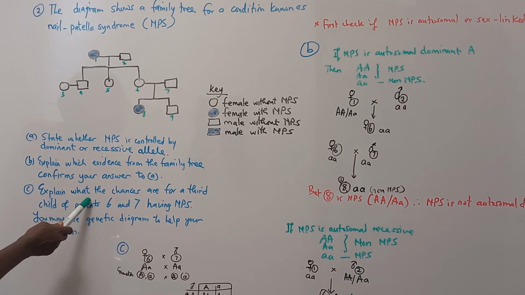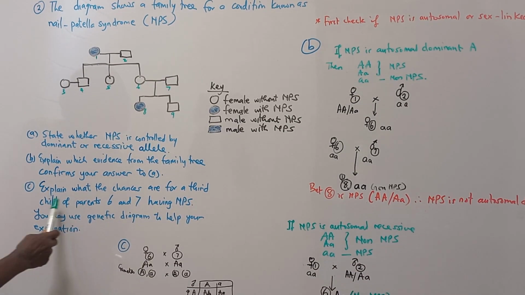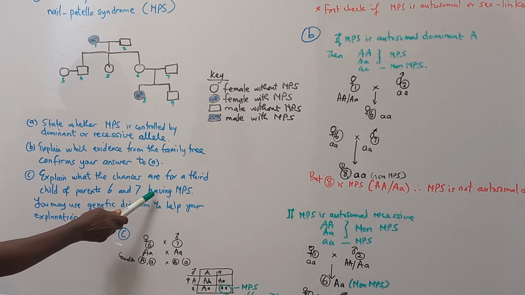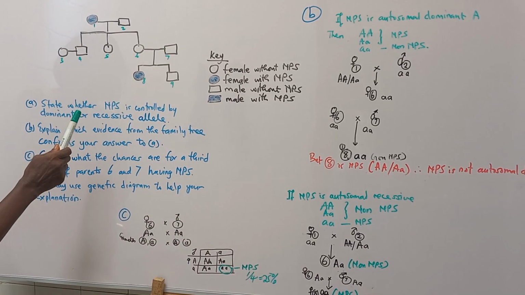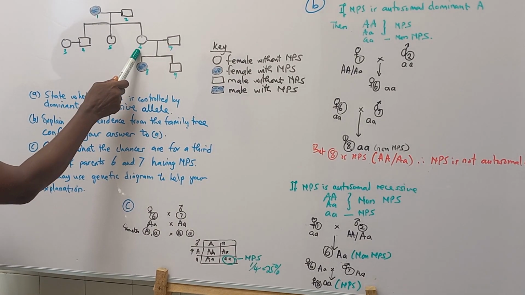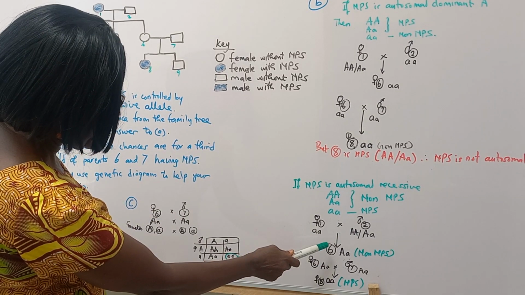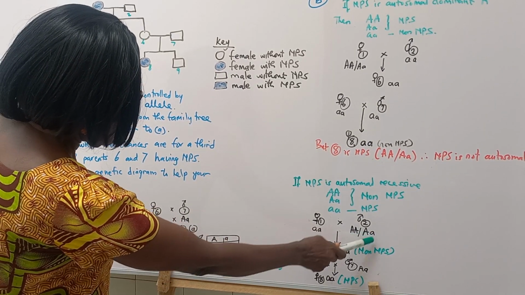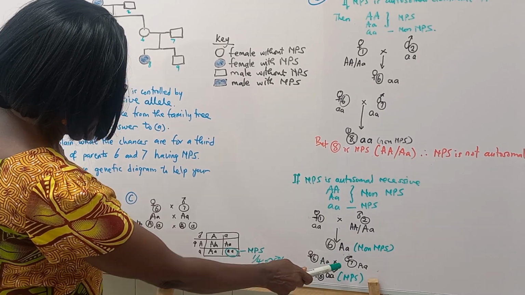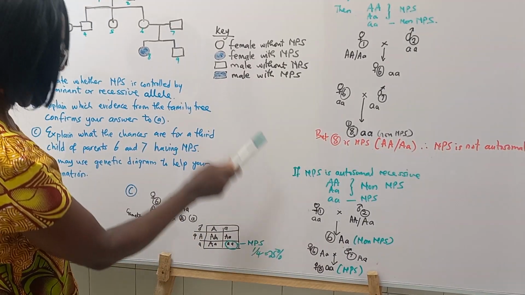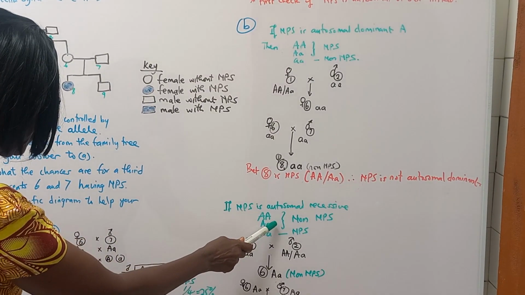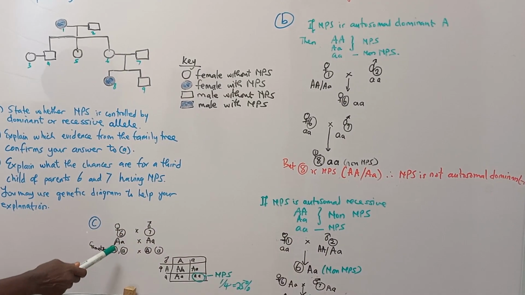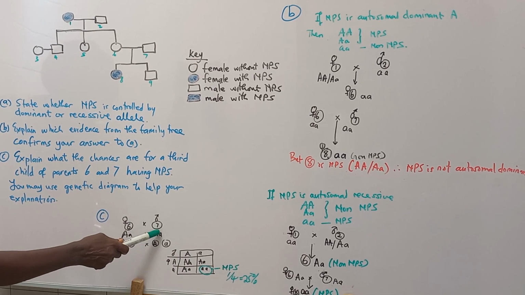Now, explain what the chances are for a third child of parents 6 and 7 having NPS. So these are parents 6 and 7. And here we've seen that parent 6 has this genotype, big A, small a. And parent 7 also has big A, small a, because they are both non-NPS.